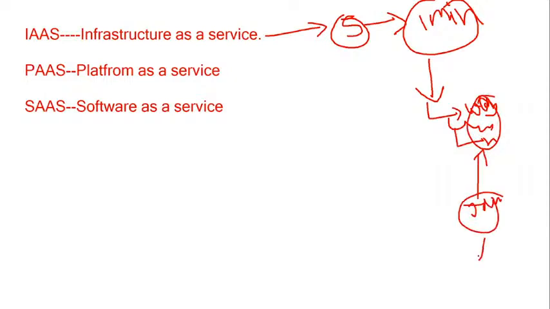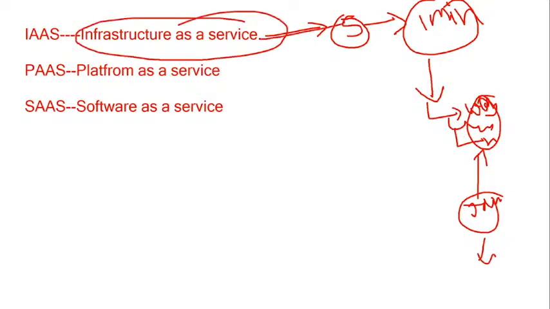That should be managed by yourself. The cloud vendor just provides the virtual machines, and the remaining management should be taken care of by yourself. Why? Because the application is yours, so the management is yours. That is infrastructure as a service.